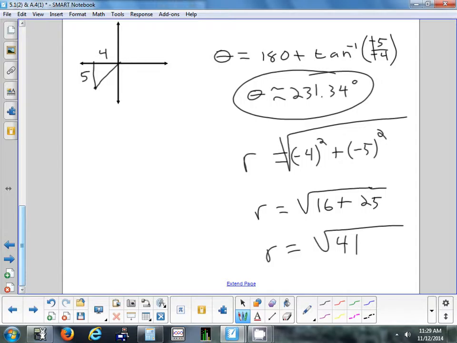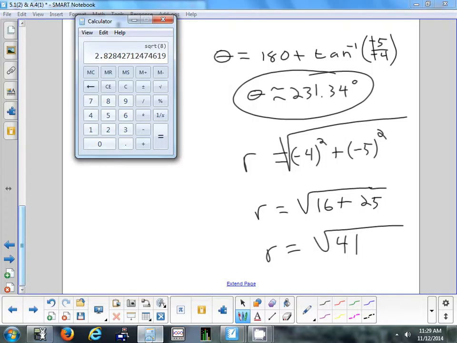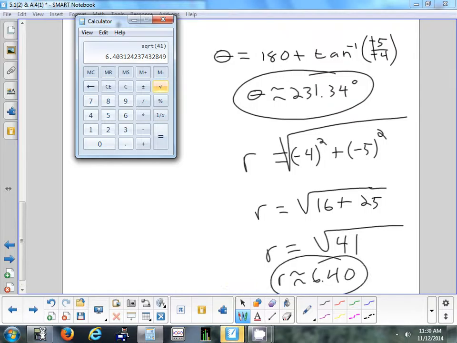If it's divisible by a perfect square, that's when you can reduce it. This one is not. So either leave it as the square root of 41 if they want it exact. Since we already rounded our angle, I'm just going to round the radius as well. 6.40. Okay, and that's pretty much it. So now just write your coordinate. R, theta.